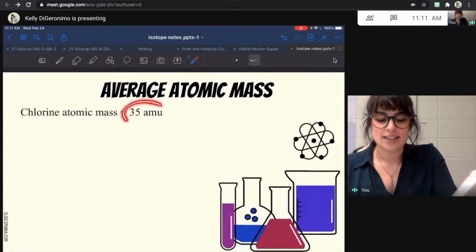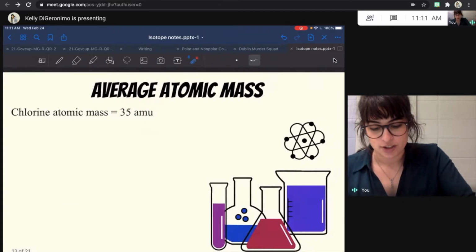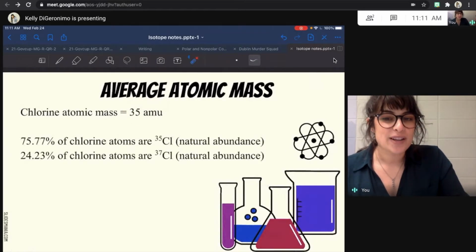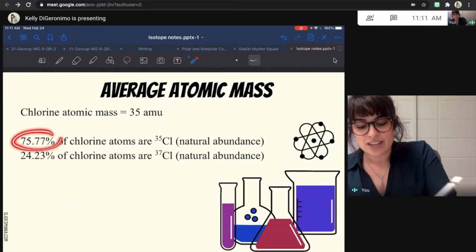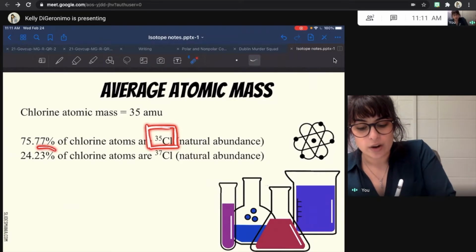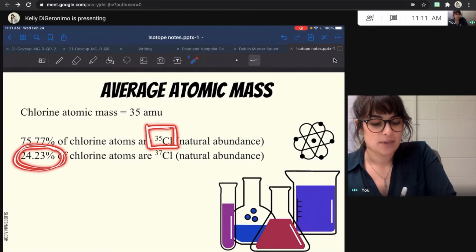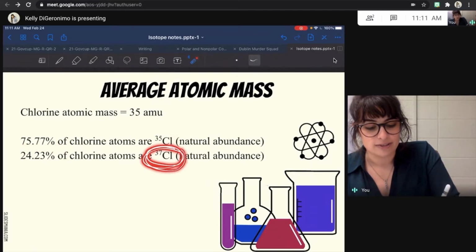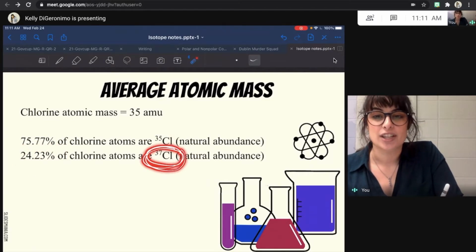Chlorine's atomic mass is usually about 35 atomic mass units. But the real truth is that only 76% of chlorine atoms actually have an atomic mass of 35. The other 25% of chlorine atoms actually are isotopes of chlorine and have a mass of 37.